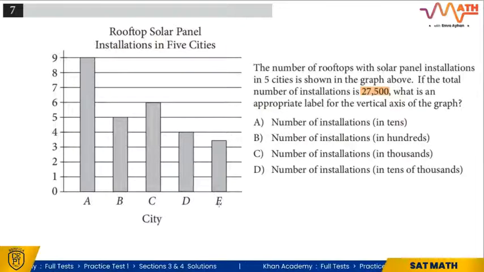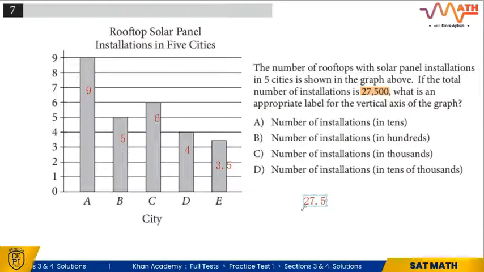When you look at the graph and the numbers given, first one is 9, then 5, 14, 6, 20, 24, like 3.5, so 27.5.